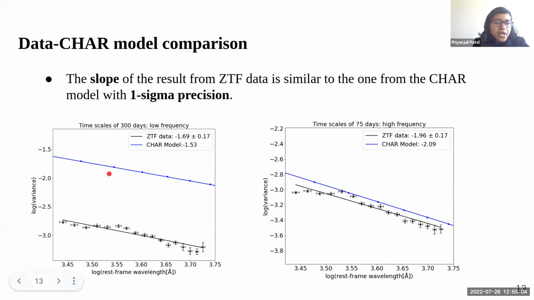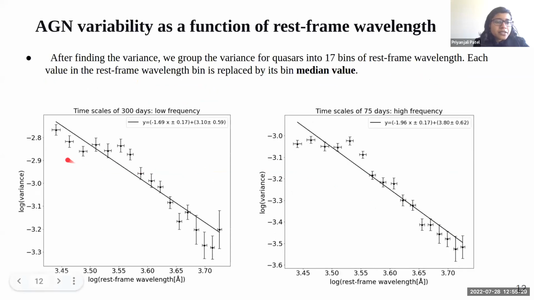And after comparing this, we find that the slope agrees with 1 sigma precision. And when we did this comparison for the time scale of 75 days, in this case also, the slope agrees with 1 sigma precision.